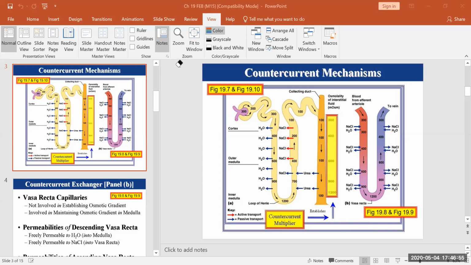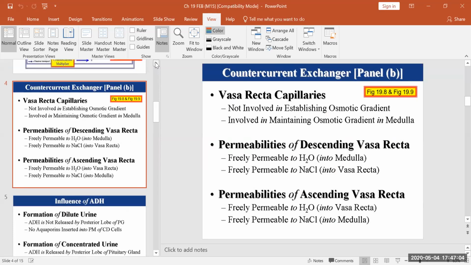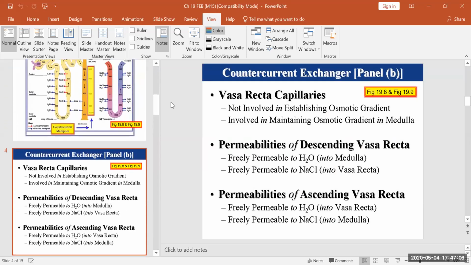But we need something else. We need another mechanism. It's called a countercurrent exchanger. And the countercurrent exchanger is going to be on figure 19.8 and 19.9 of your Stanfield textbook. And we are specifically referring to the vasa recta.